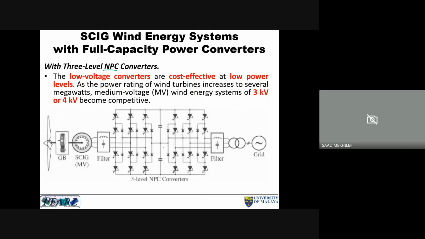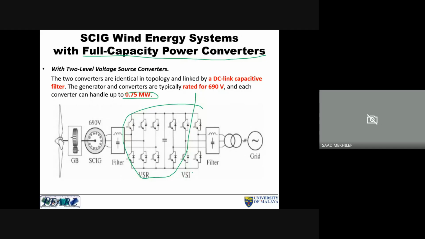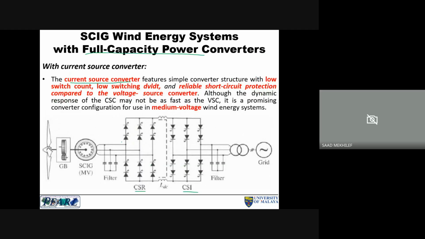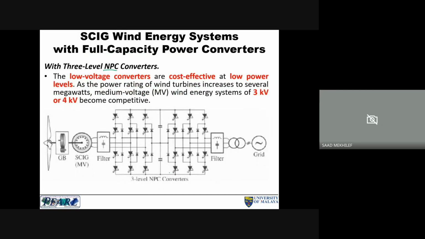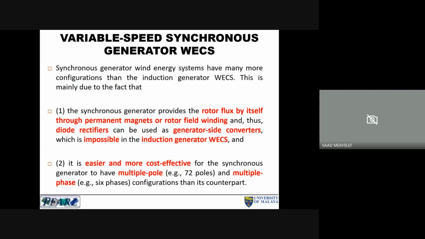Here we're using the voltage source inverters. You can see here a voltage source inverter, but here we're using the current source inverters. So these are different topologies which can be used. But most commonly it is voltage source.